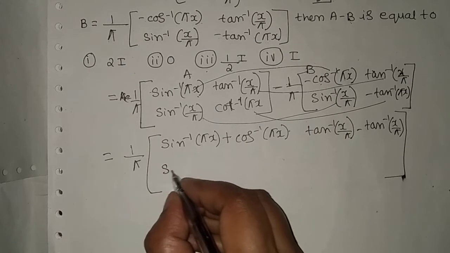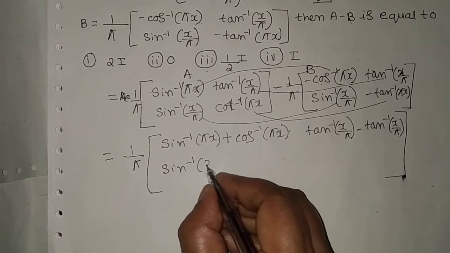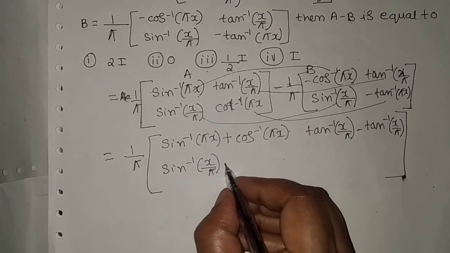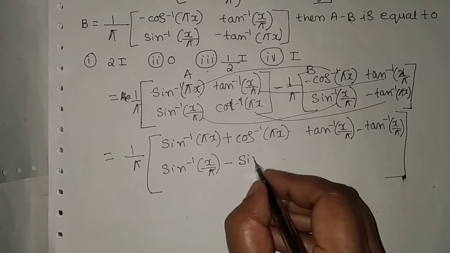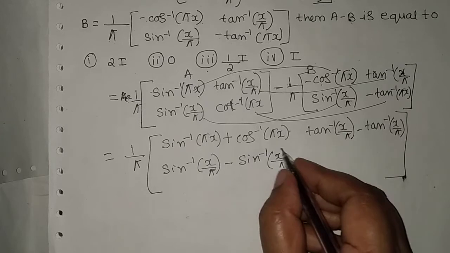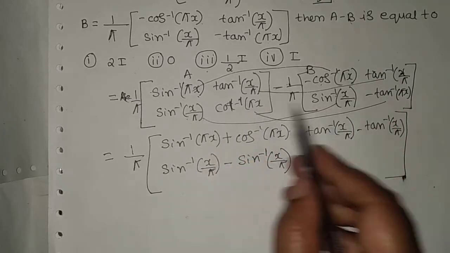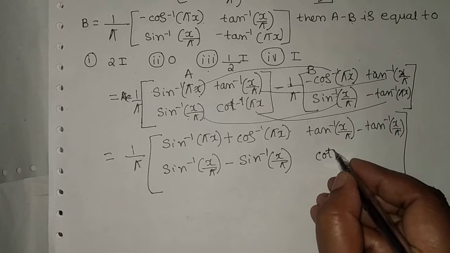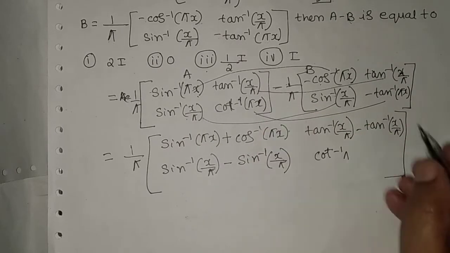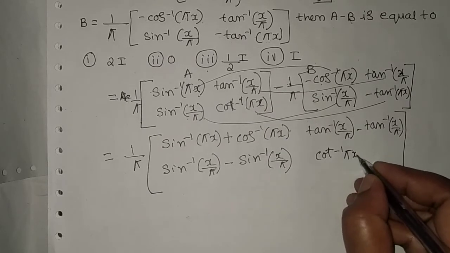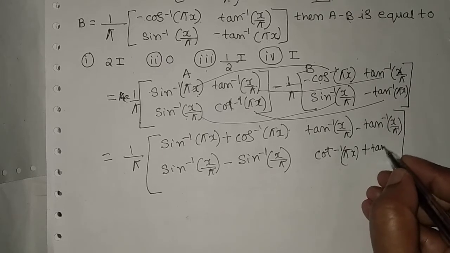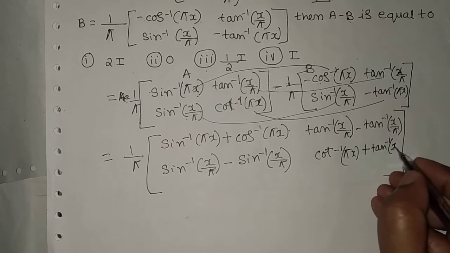Now next is sin inverse x by pi here minus sin inverse x by pi. Next last one is cot inverse pi x, minus is there, this one becomes plus tan inverse pi x by pi.